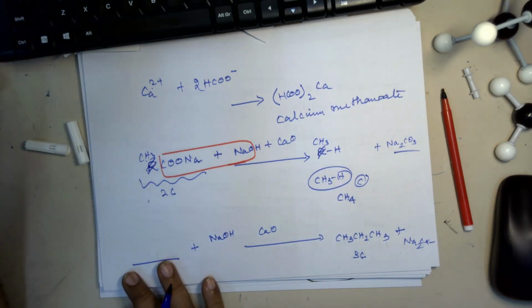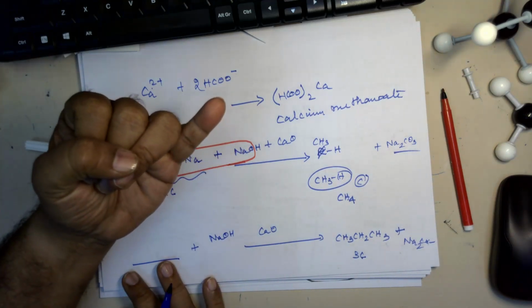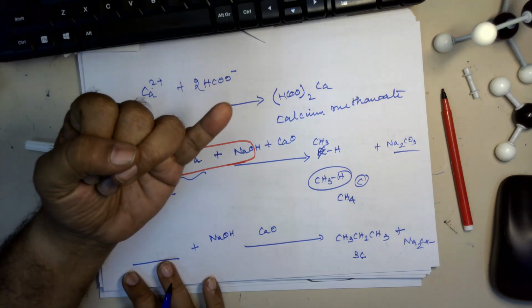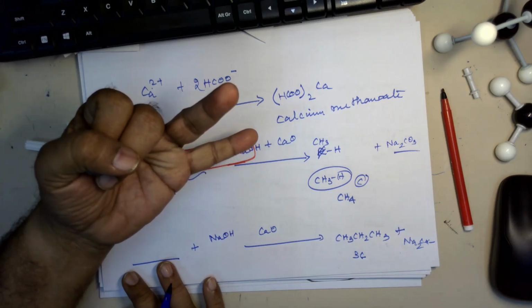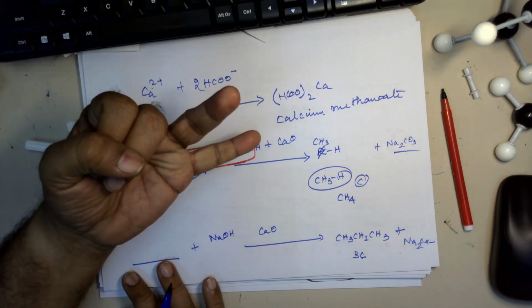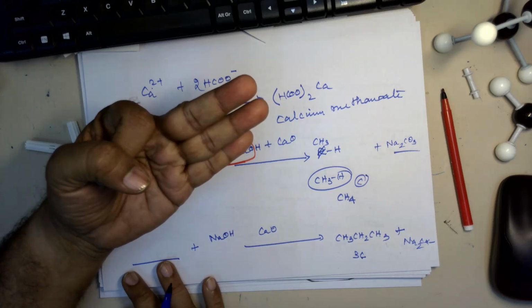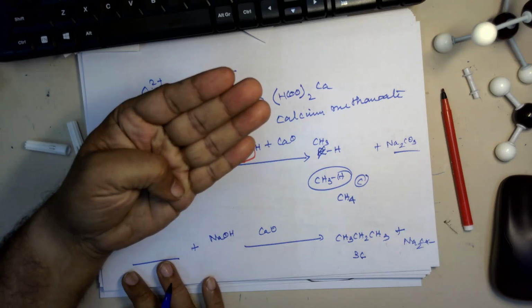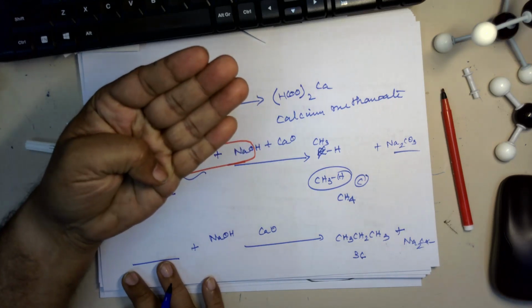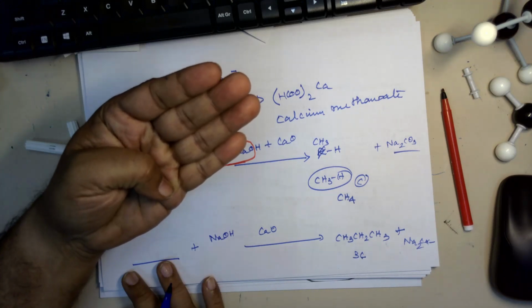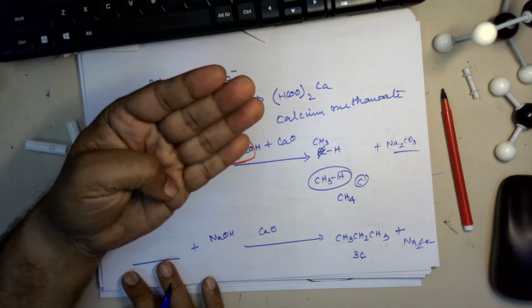Now let me count here. Methanoic acid, carbon 1. Then ethanoic acid, carbon 2. Propanoic acid, carbon 3. Butanoic acid, carbon 4. Okay, you got it. So can you write down the molecular formula of butanoic acid?